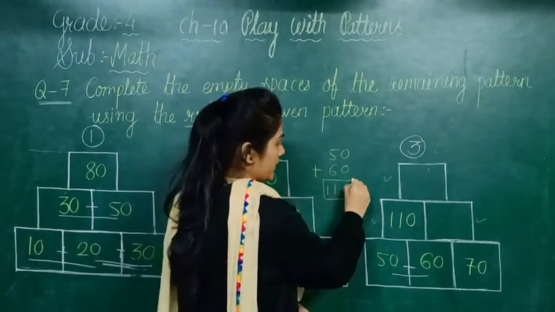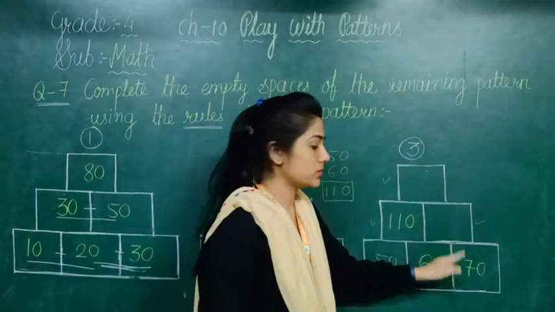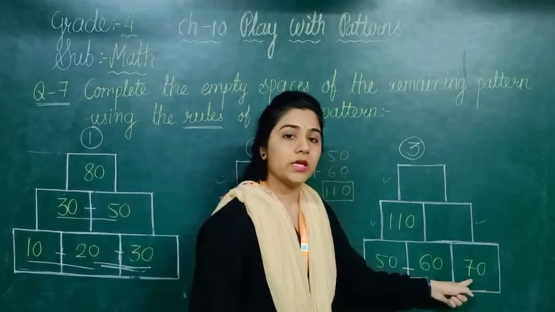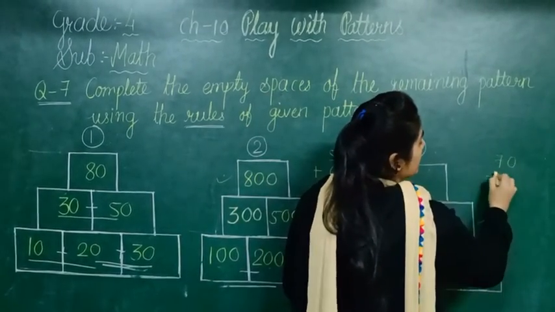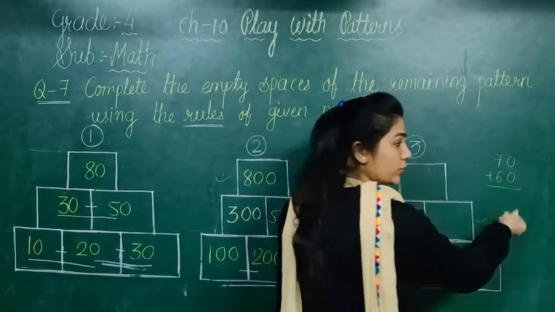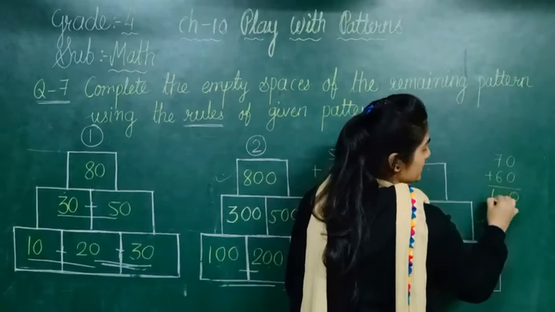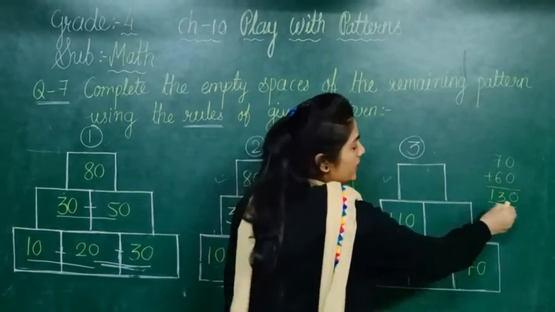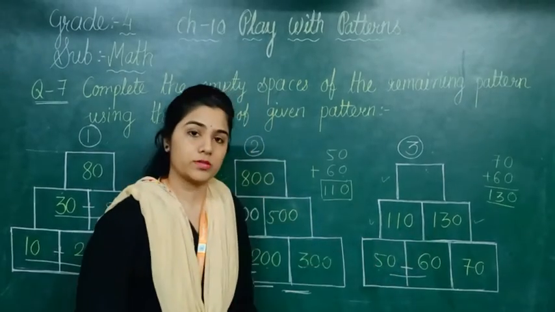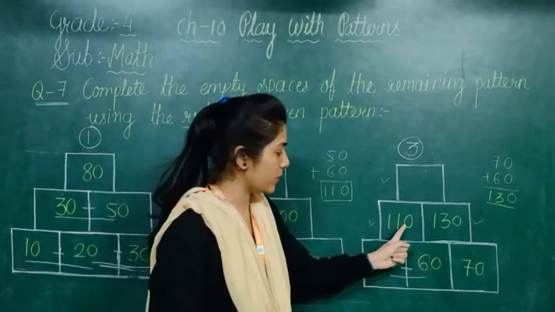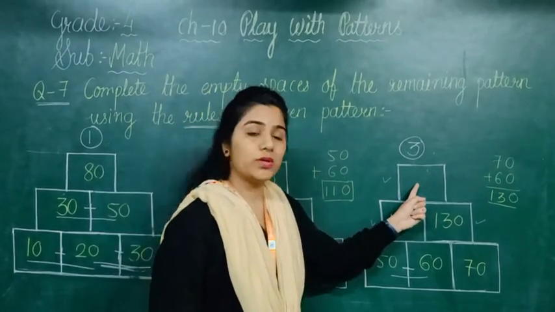That means 110. Now it's the turn of this box. 60 plus 70. You can do a rough addition like this: 7 plus 6 is 13, so we can write 130 in the second box. This is the answer of this box and this box. Now only 1 box is left.